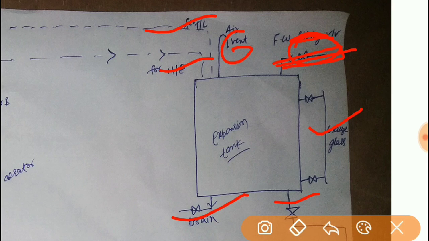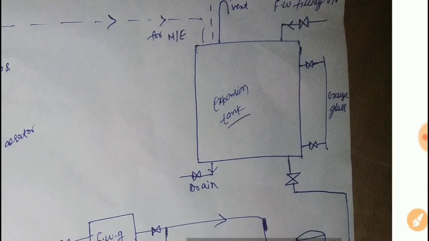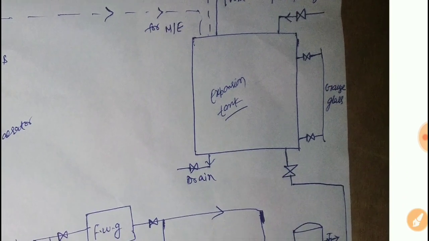It is very important to know that the jacket pump takes suction from the cooler, not from the expansion tank. But one pipe connection is connected from the expansion tank to the suction line.